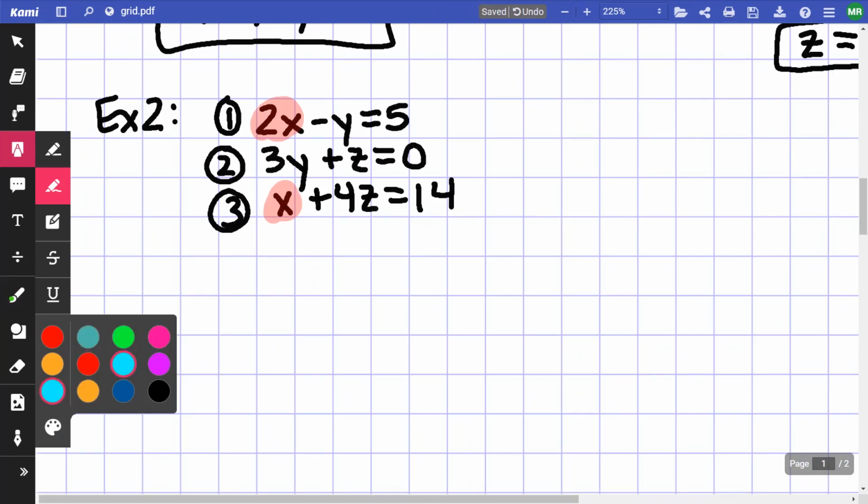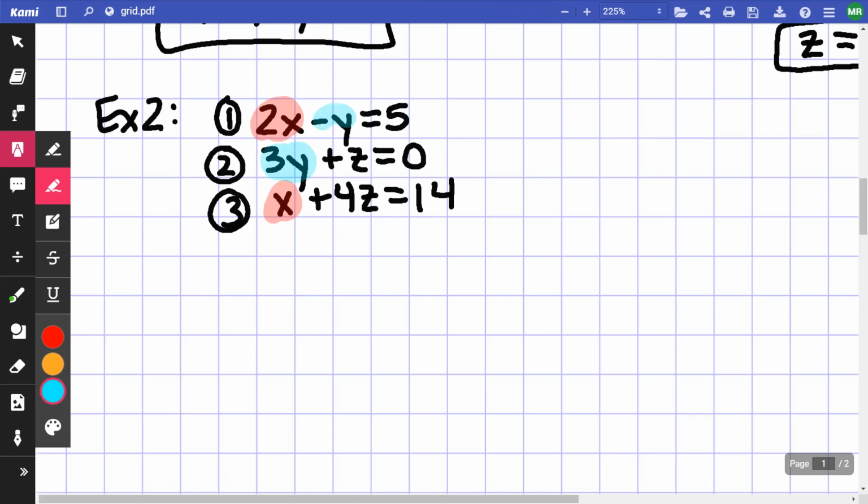If I wanted to eliminate my y's, I can multiply the top equation by 3 and get my y's to eliminate. And if I wanted to eliminate my z's, I could multiply the second equation by negative 4 and have it eliminate with my 4z. It does not matter which one.